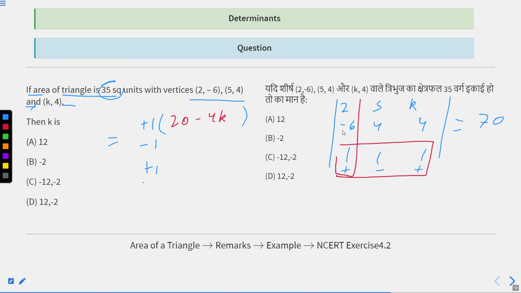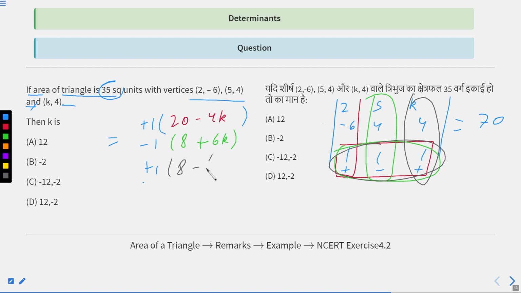Now eliminating this and this, you are left with 4 multiplied by 8 minus 6k, which will be plus 6k. Now eliminate these, you are left with 8 minus 30, which will be plus 30. Now add, this will be 38.